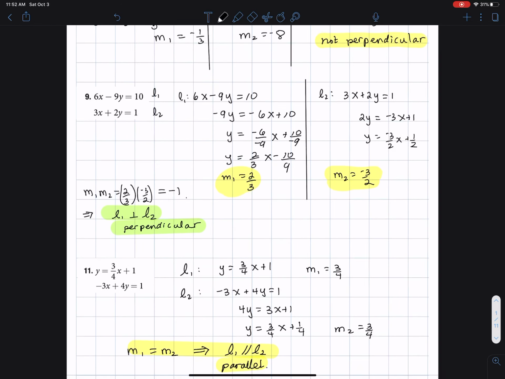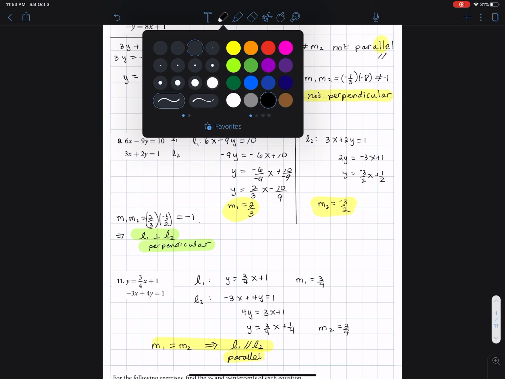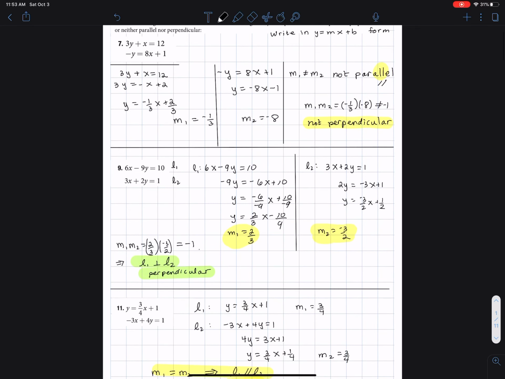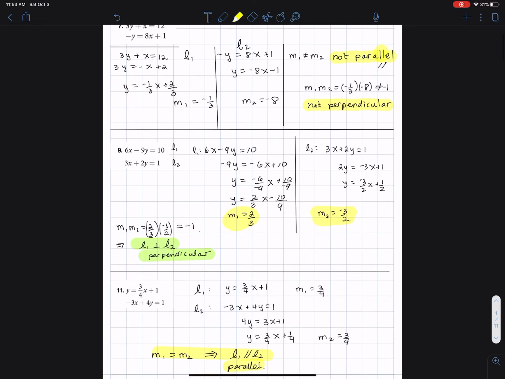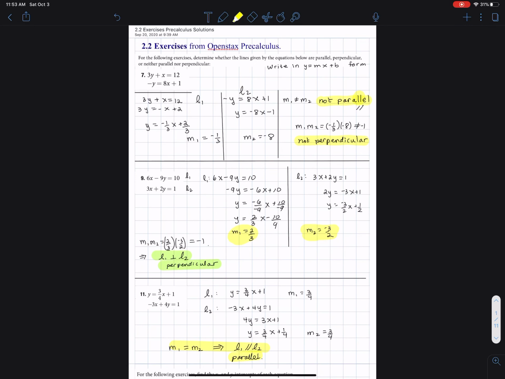On the first one that we went over, the slopes were not equal, and the product of the slopes was not negative 1. Therefore, it was not perpendicular and not parallel. It was neither. Okay, so that's 2.2, OpenStax 7, 9, and 11, three consecutive odd problems.